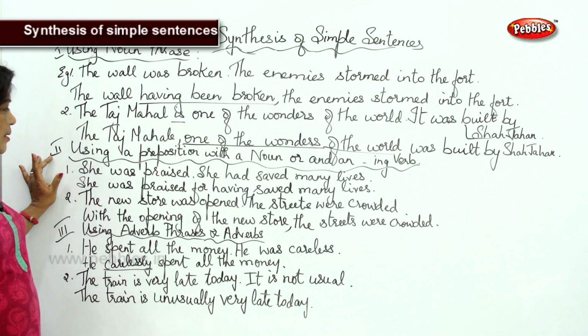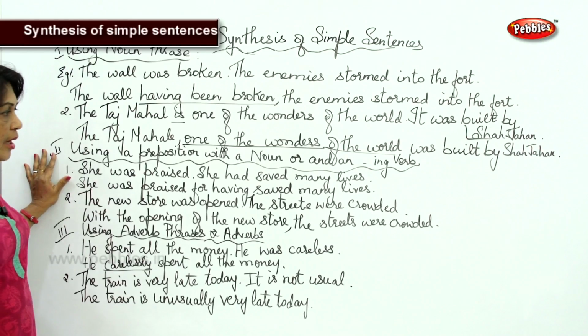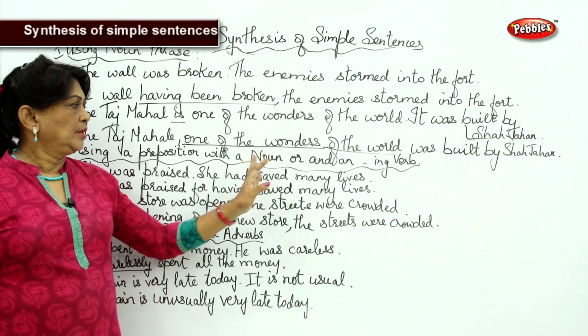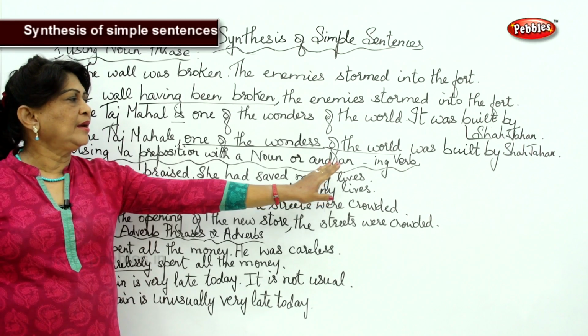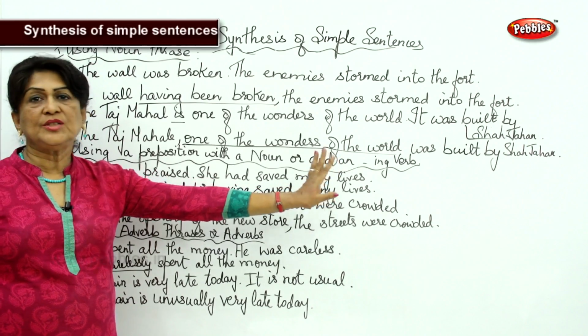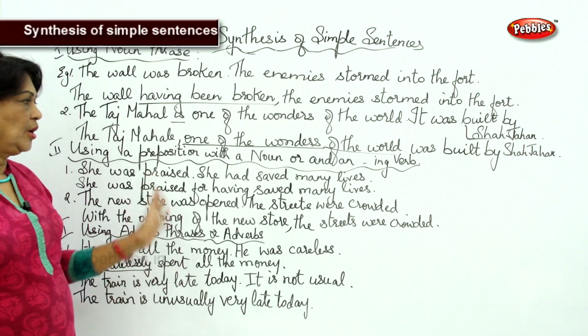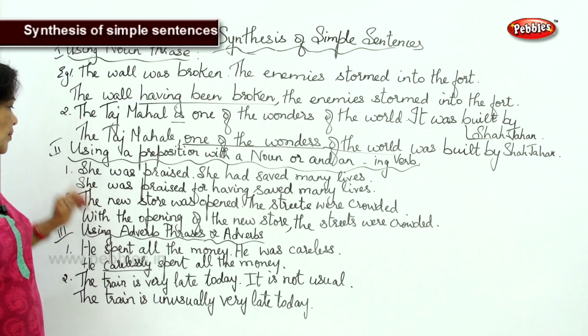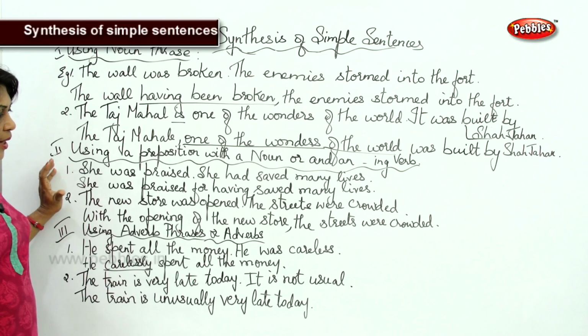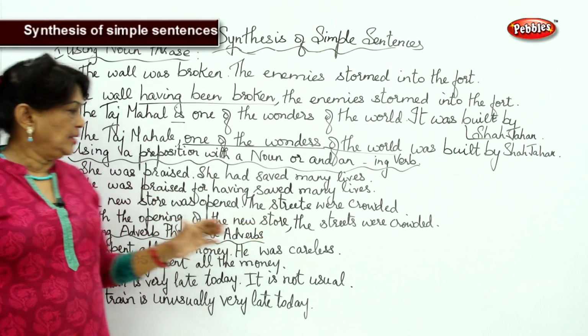Now, next pattern is using a preposition with a noun or using an ing verb, with a noun or with an ing verb. What is an ing verb? Gerund. She was praised, she had saved many lives.